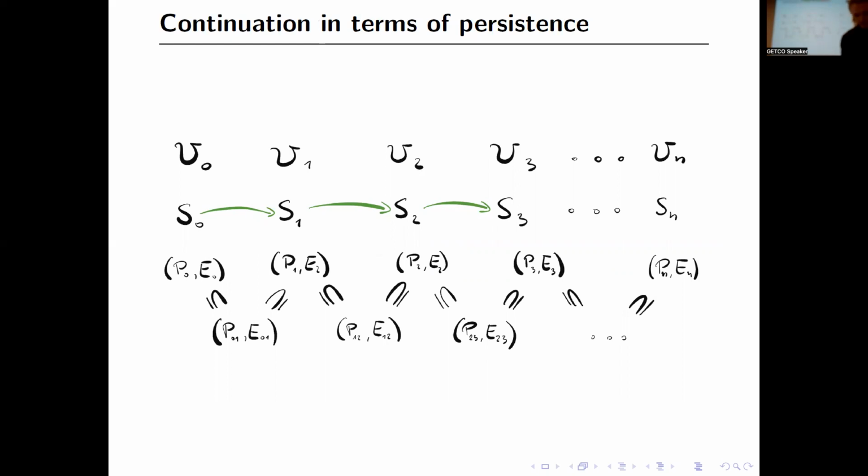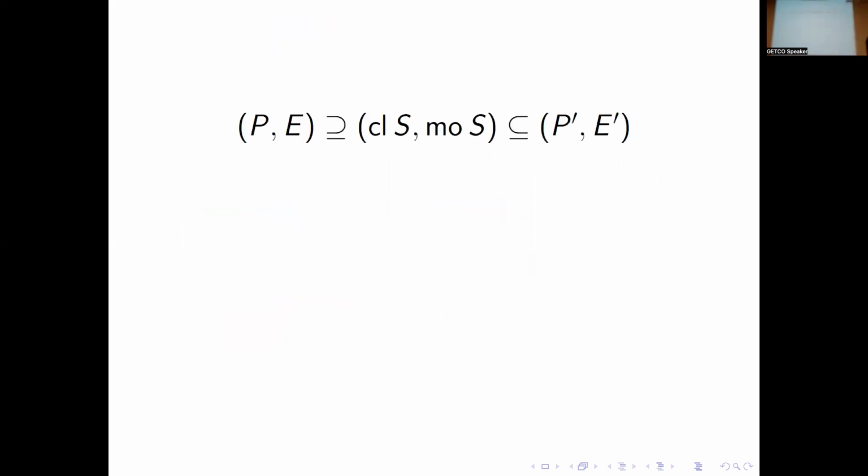And this canonical index pair, because you can see that those three index pairs are actually all index pairs for the single S1 in this example. So we have three index pairs. We know that they are index pairs for a single isolated invariant set, and we know that all of them induce the same homology.